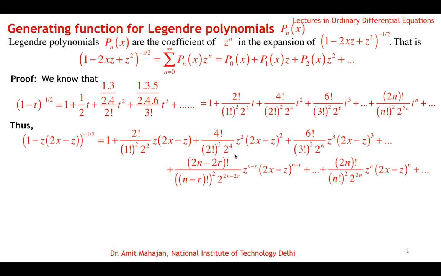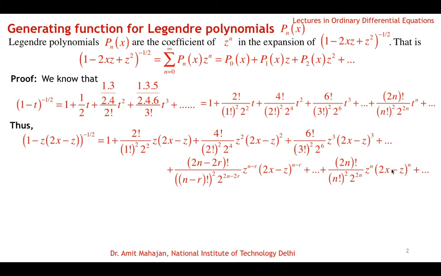In fact, if we try to calculate the coefficient of z^n from this, we have to prove it is P_n(x). So if you see this term, there is already a z^n outside, so only the constant term from here will make this whole term z^n.